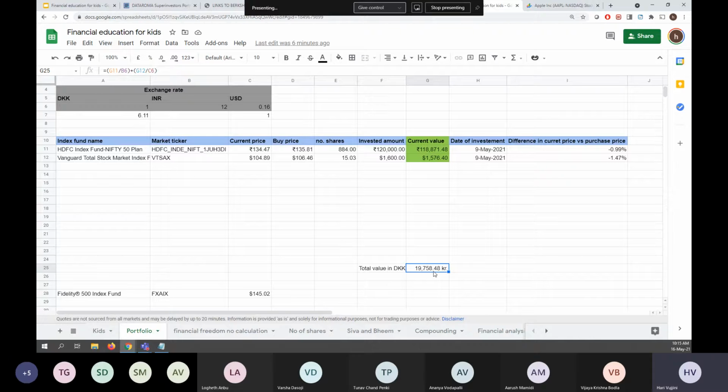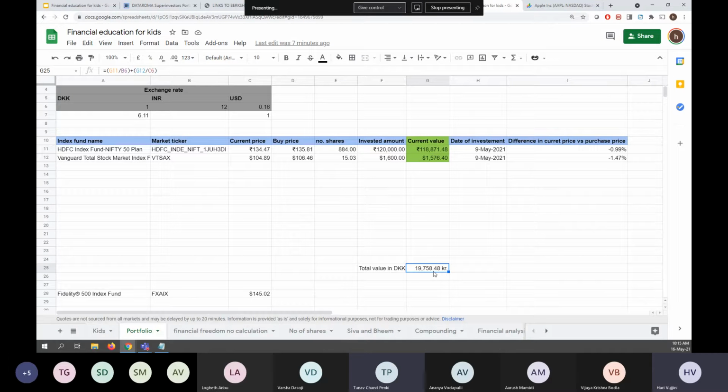You should not be worried about weekly fluctuations. This is just to showcase how markets behave on a weekly basis, so you get a feel of how investments go up and down. Does this make sense, or any questions?